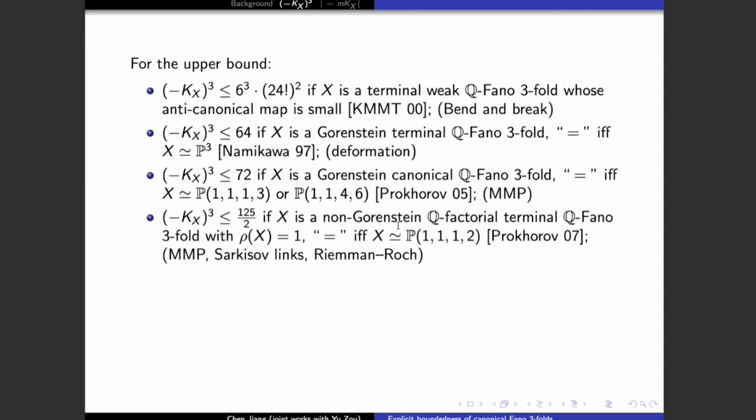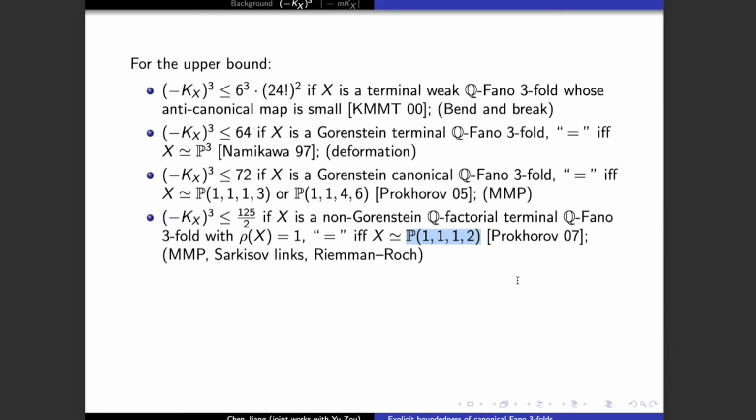He showed that if X is non-Gorenstein, but assumed Q-factorial terminal with Picard number 1, then the upper bound of the volume is 125/2. Also this number is optimal because it's attained by this weighted projective space. In this case, he used MMP and also Sarkisov links and the Riemann-Roch formula.